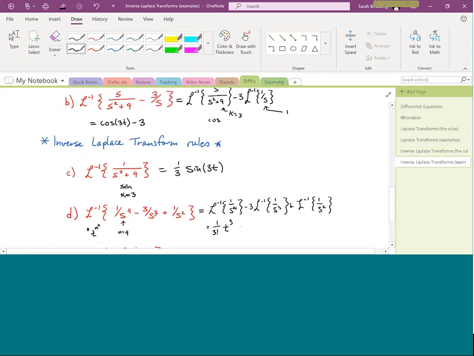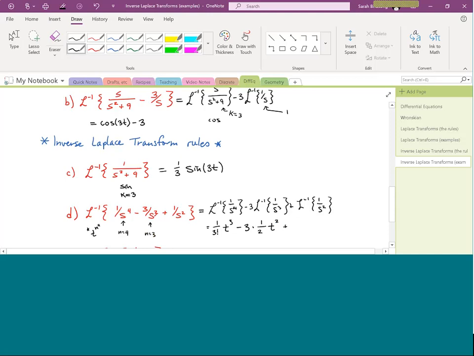Now, if we look at the second term, we have 1 over s cubed. So here our n is now 3, but what would the exponent on the t be? It would be t raised to what power? And what would be the thing that we multiply out front? It'd be 1 over 2.